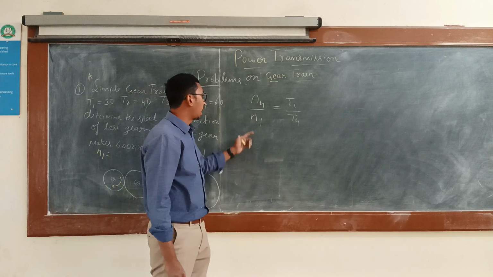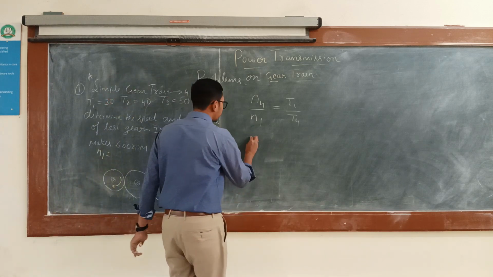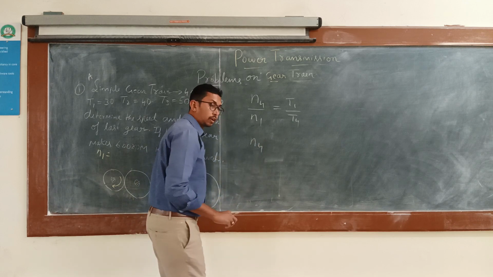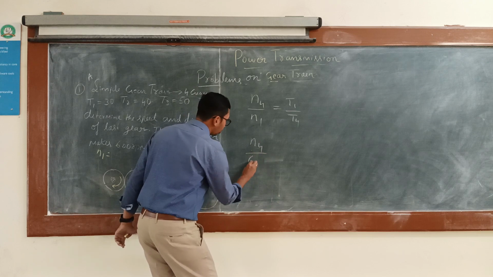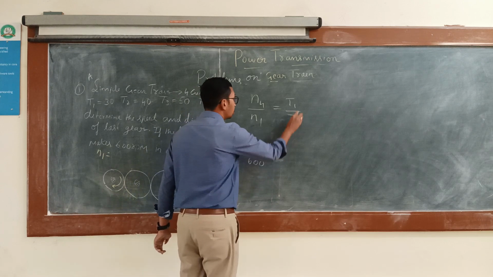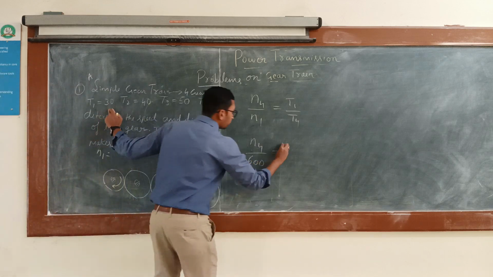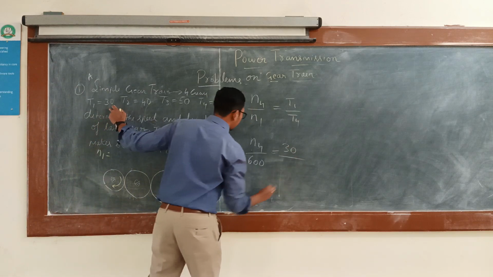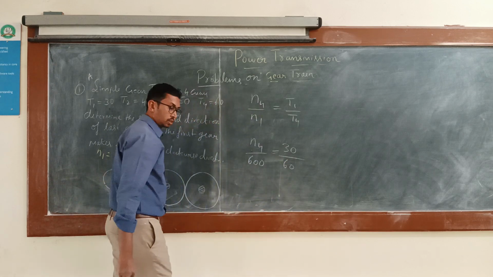We know the value of n1, that is equal to 600. We don't know the value of n4, we have to find it out. n1 is 600, t1 is equal to 30 and t4 is equal to 60.